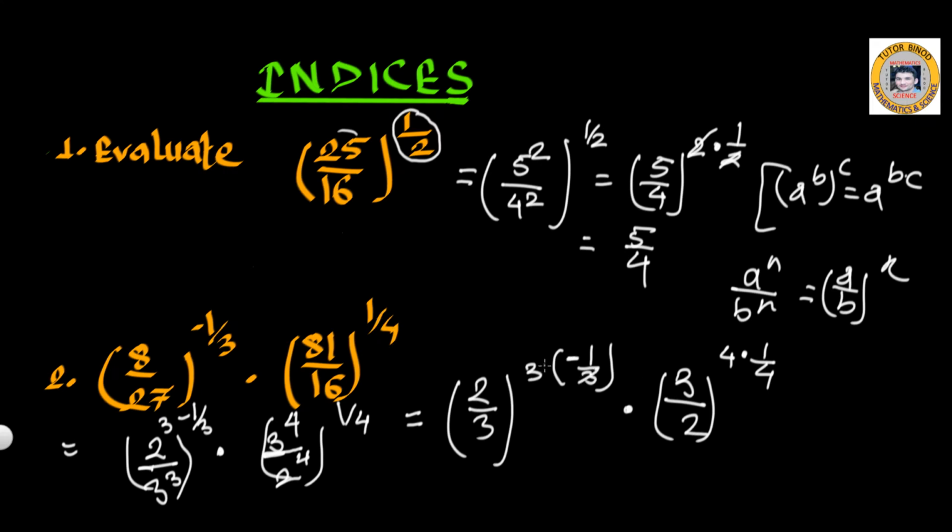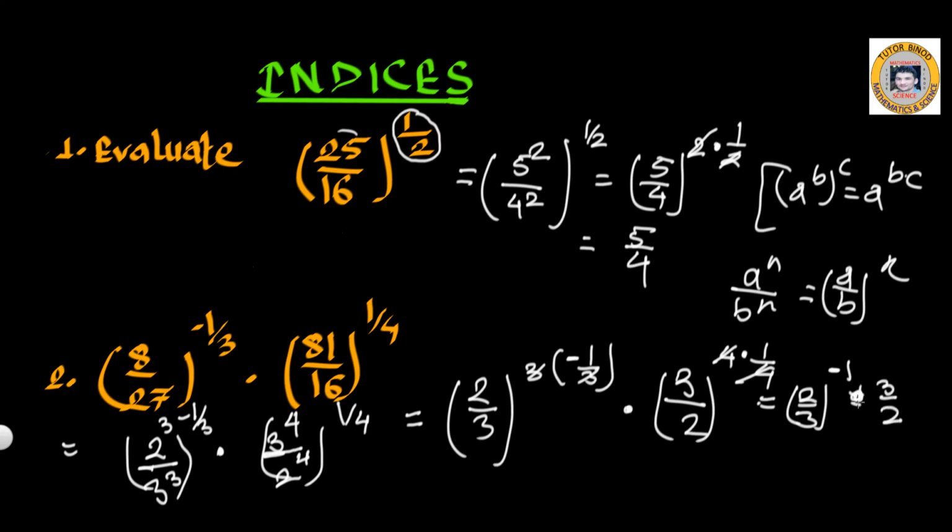So this 3 and 3 is cancelled. Similarly, 4 and 4 is cancelled out. We would now have (2/3) to the power negative 1. Similarly, we'd have (3/2) to the power positive 1, which is again 3/2.